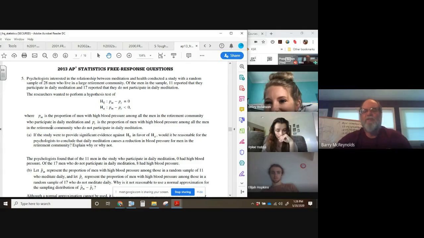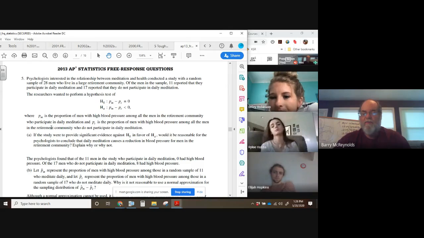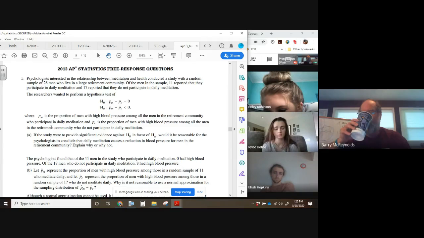Well, what should jump out at you is the chart from, I believe, the very end of chapter 4, that we discussed, what allows us to draw an inference about a population.